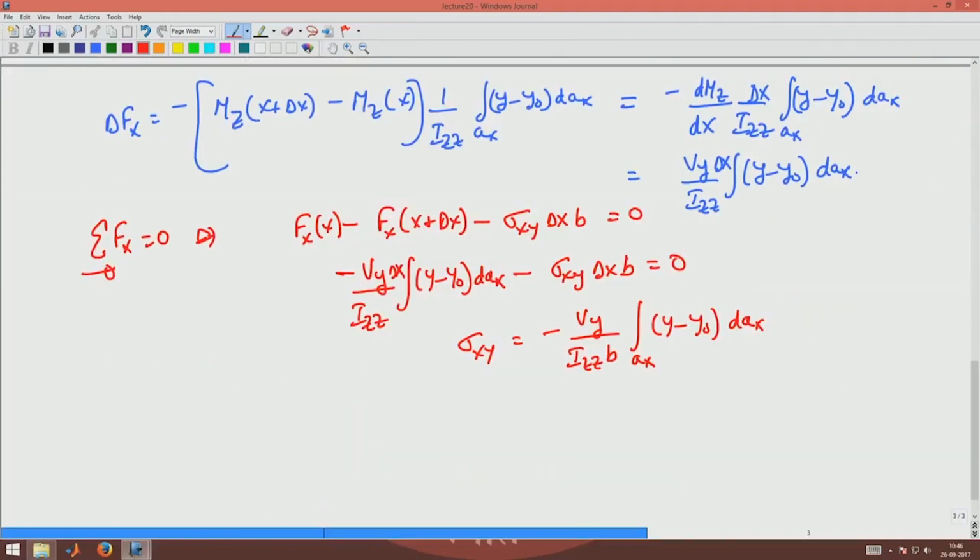Now, let us understand what this term, integral y minus y naught dA x, is. Say I have some arbitrary cross section, and the coordinate system is y and z. I segmented it at some distance y.